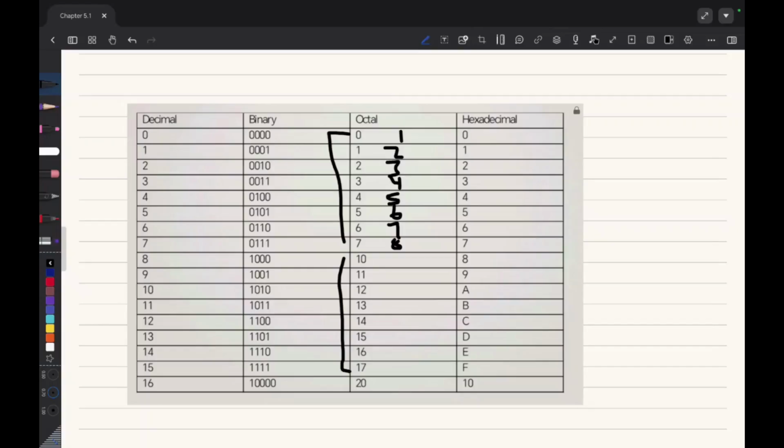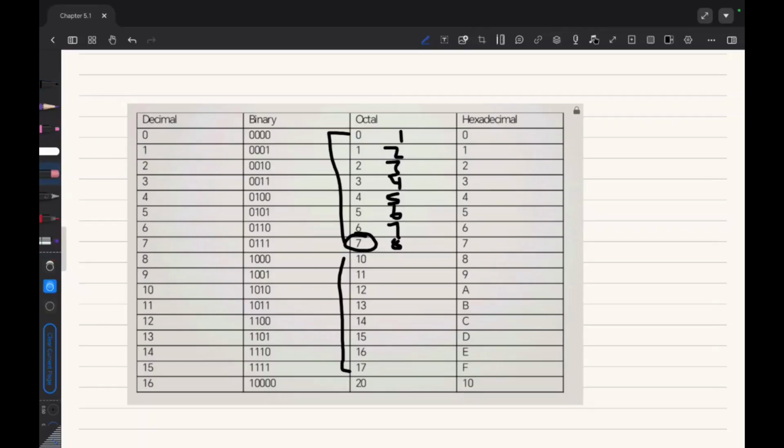Once you reach a sequence of 8, from 0 to 7, it's 8 numbers sequentially. You skip 8 and 9, then you go to 10. You count until 8 numbers, then you skip 18 and 19, and then you go on.